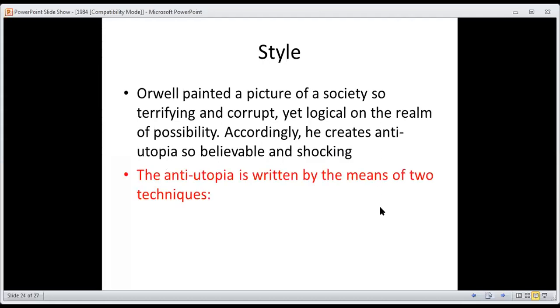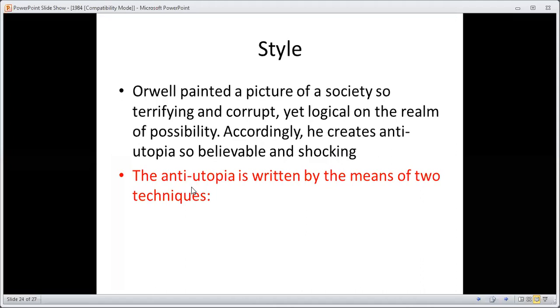So what are the qualities of the anti-utopia that we talked about before at the beginning of the novel, if you still remember? The anti-utopia in 1984 is written by two techniques, right?